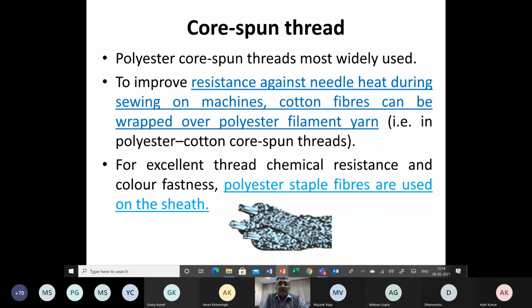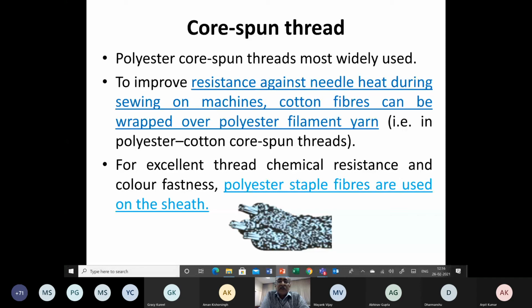Cotton fibers do not melt, number one. Number two, cotton fiber has more thermal conductivity than polyester. The thermal conductivity of cotton fiber is at least twice, thrice that of the polyester fiber. So for a given heat flux, the temperature rise on the cotton fiber will be less, because they conduct the heat very quickly.